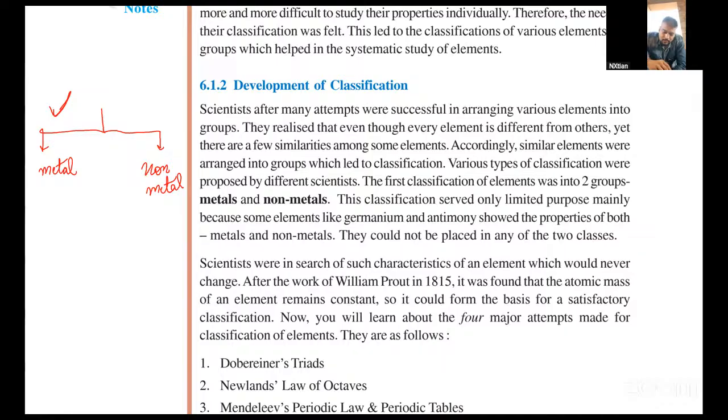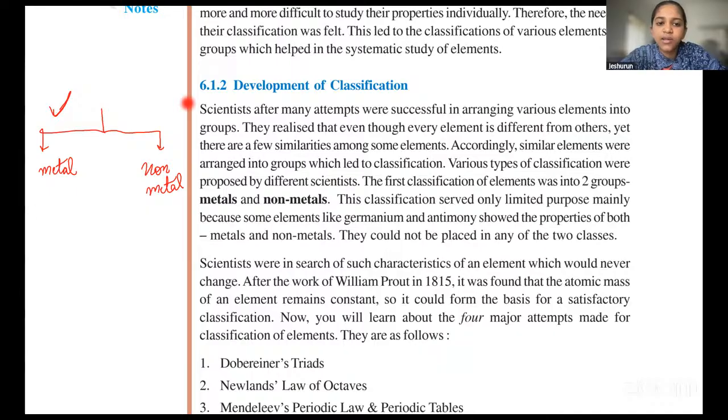Who will read? Can you read this? Development of classification. Scientists, after many attempts, were successful in arranging various elements into groups. They realized that even though every element is different from others, yet there are a few similarities among some elements.